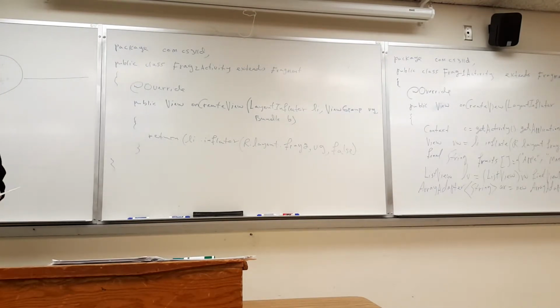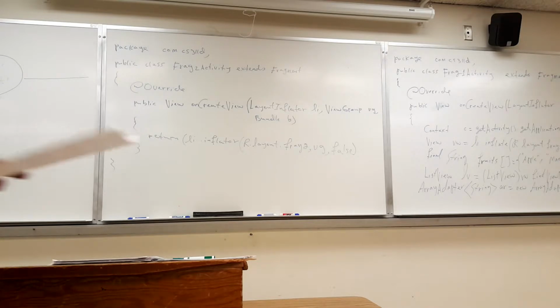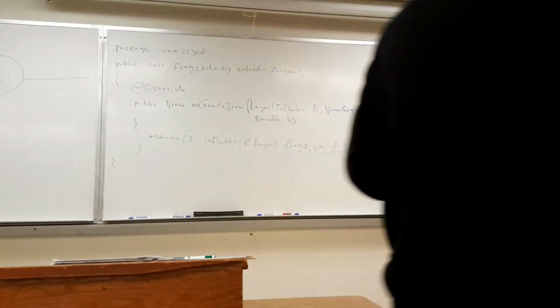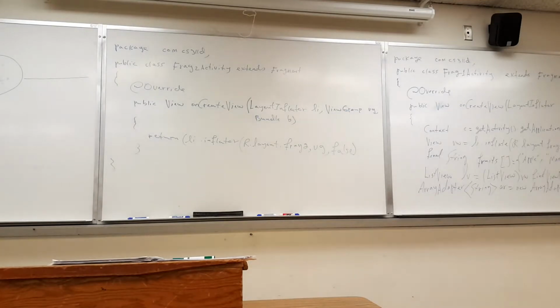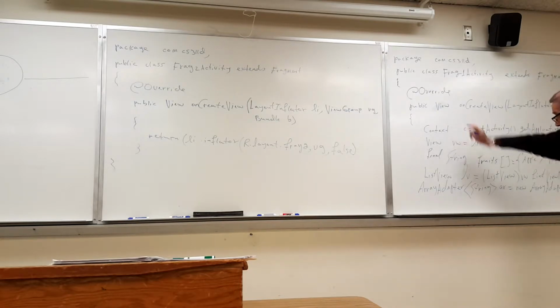I think in the first fragment's onCreateView, after we set the on item click listener, we're supposed to return the list view LV that we've made, right? It didn't return anything. You forgot to return it at the end. We need to return a view, right? We're creating a view.